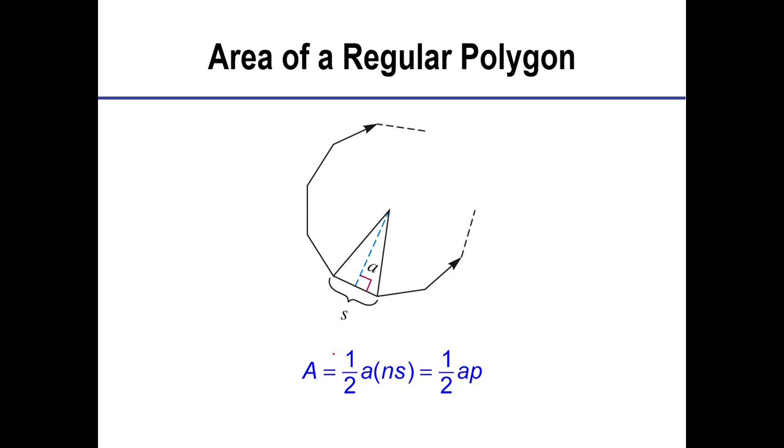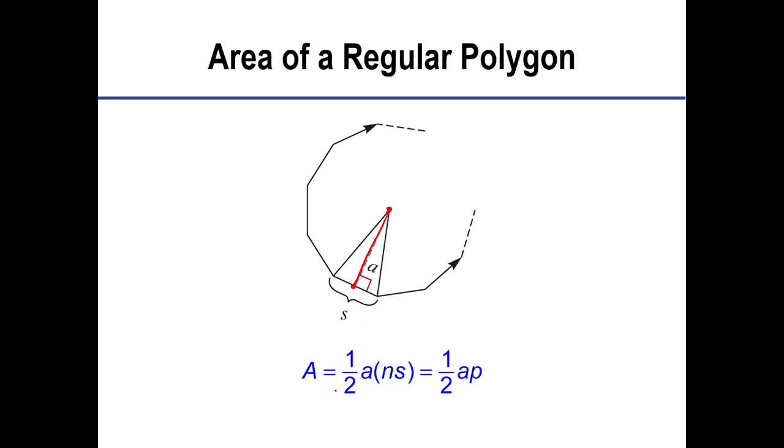The area of a regular polygon is calculated by taking the altitude, which is essentially the height of this small triangle, to the base of one of the sides. So the altitude here is the height from the center to the side of our polygon, and S is the distance of one of the sides of that polygon.